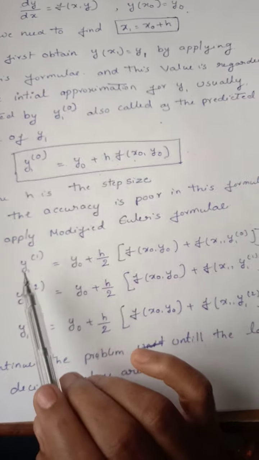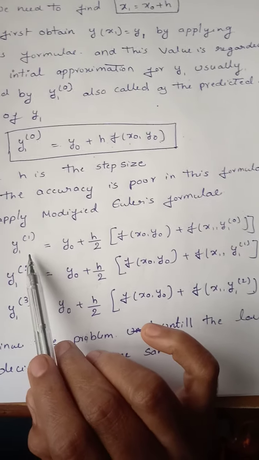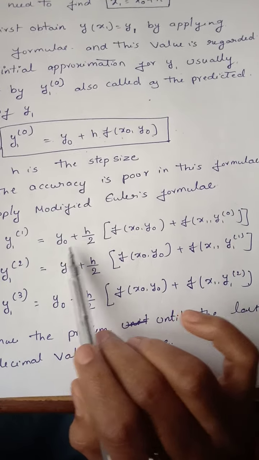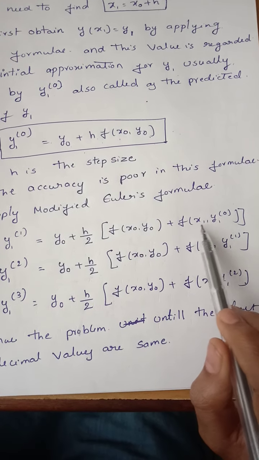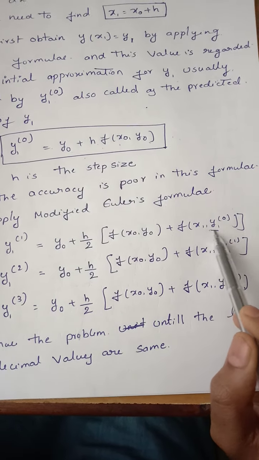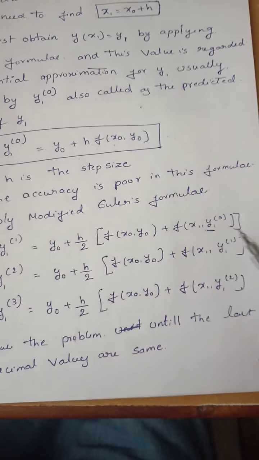That is y1 of 1, the modified Euler's formula. This is the formula you have to remember: y0 plus h by 2 into f of x0 y0 plus f of x1 comma y1 of 0. Here we already found y1 of 0, and we have to use that value.